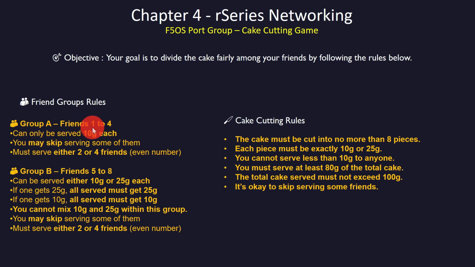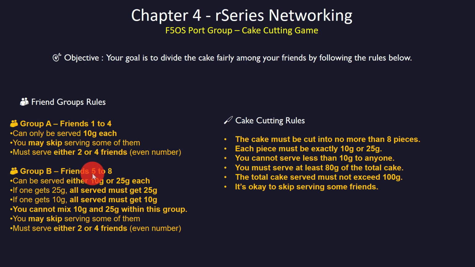Friends 1 to 4 are part of group A. In this group A, each person can be served a maximum of 10 grams of cake. You may skip serving any of them. If you serve this group, you must serve an even number of friends, like 2 or 4.